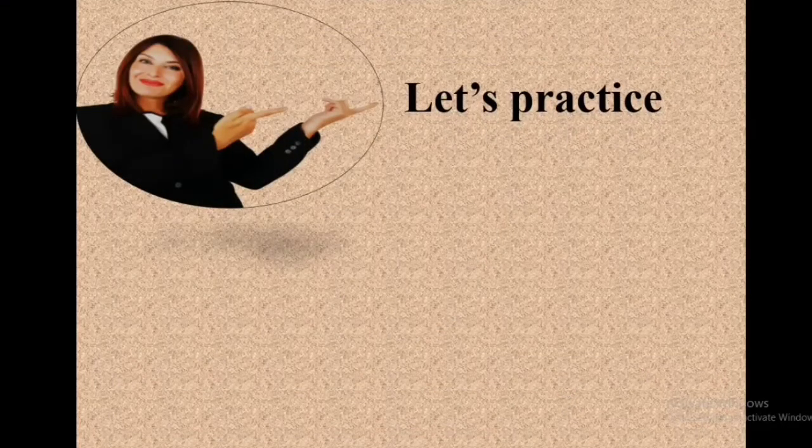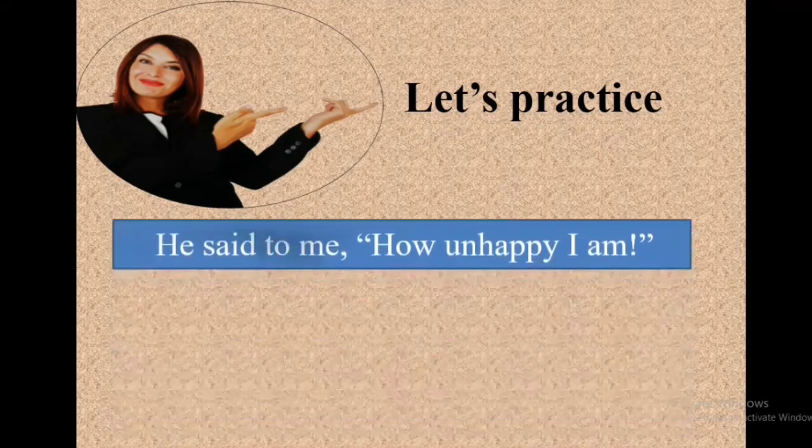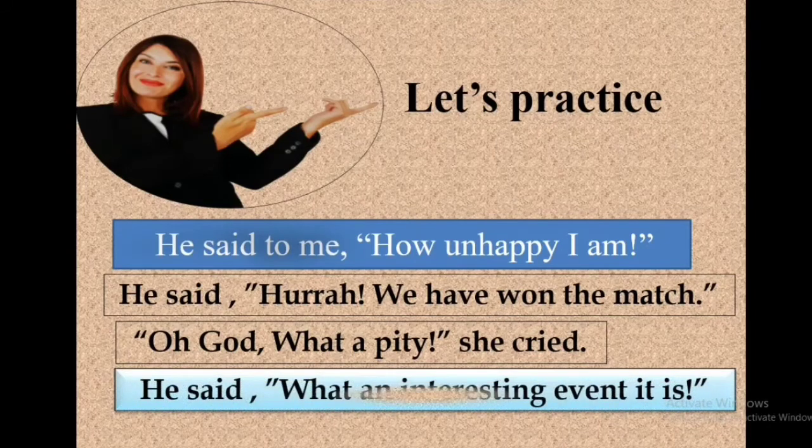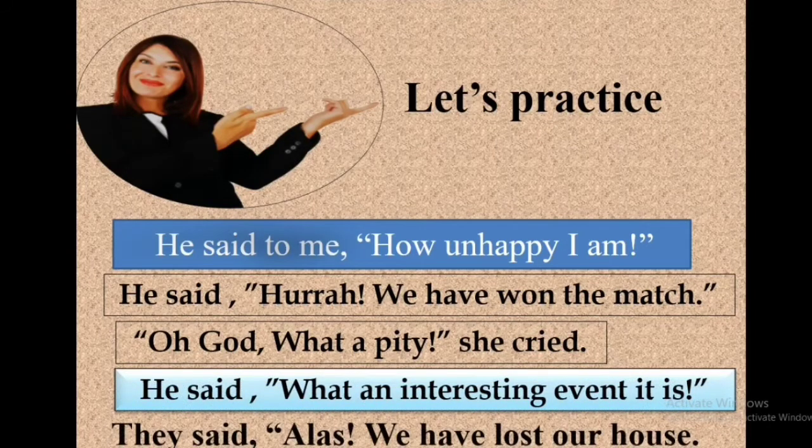Dear students, all of you are suggested to practice some sentences for our better understanding. Let's practice. Here is a list of some sentences, and you are suggested to practice them. After completing your practice, try to match your answer with my answer.